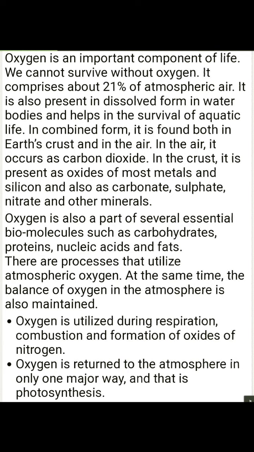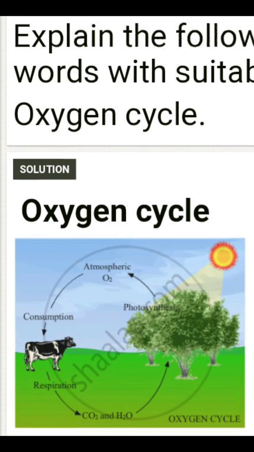Now, this oxygen cycle actually occurs like this: oxygen is utilized during respiration, combustion, and formation of oxides of nitrogen, and oxygen is returned to the atmosphere in only one major way, that is photosynthesis. If you observe this diagram, you will understand that the plants release atmospheric oxygen.